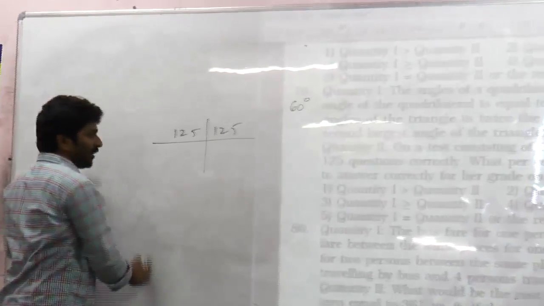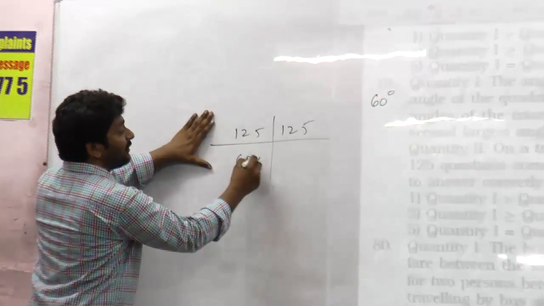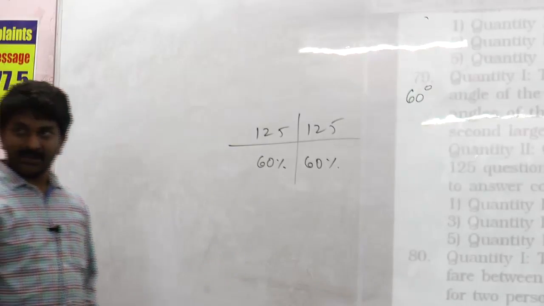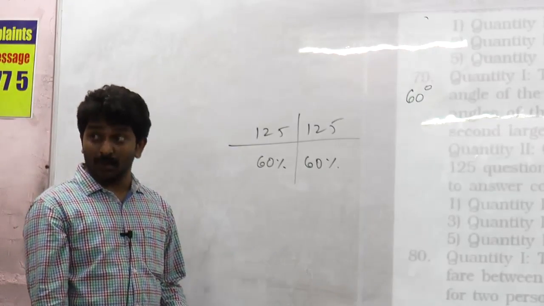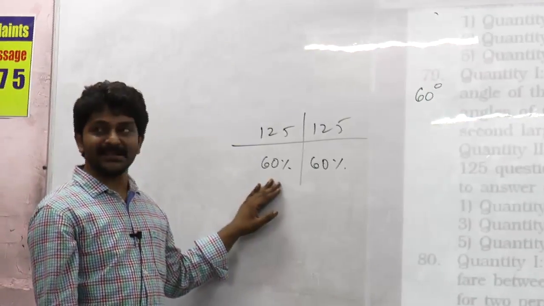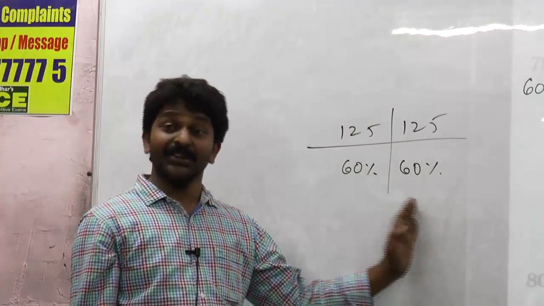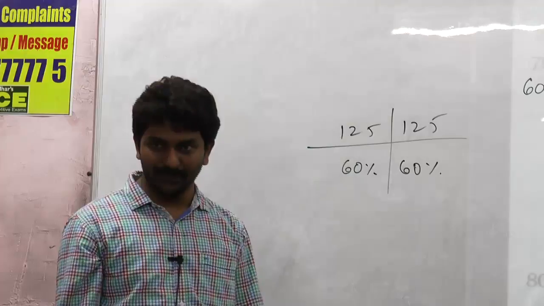Let me divide it into 2 parts, 125 questions and 125 questions. And overall she is expecting 60%. So you can treat it as 60% on first 125 questions, 60% on next 125 questions. If she is able to answer 60% in first 125 and the next 125 questions, she will get 60% on overall 250 questions.